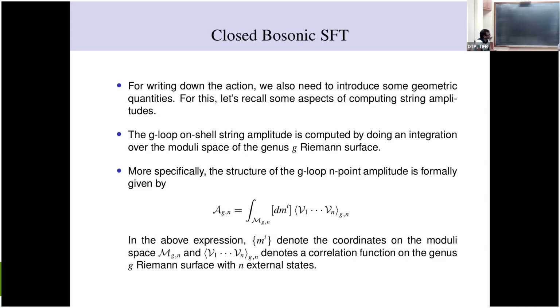And the general structure of this g-loop n-point amplitude formally takes this form. So here this correlator of V1 to Vn is computed on a genus g Riemann surface with n punctures. And curly M_{g,n} denotes the moduli space of genus g Riemann surfaces with n punctures, and the m_i parameterize this moduli space.